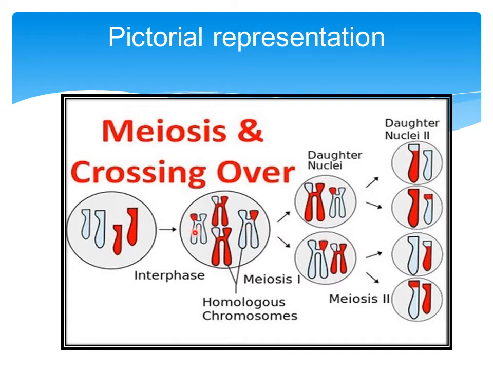Both the father's genes and the mother's genes are mixing together here. This is all happening to the pair of homologous chromosomes during meiosis 1. So this phase, where the exchange of maternal and paternal genes takes place, is called crossing over.